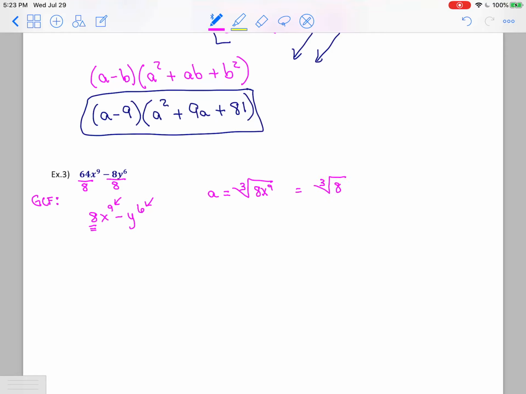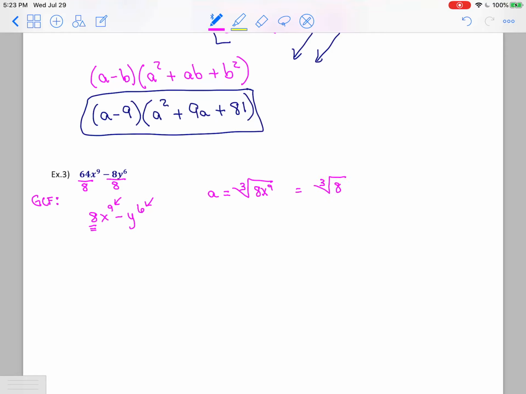Well, cube root of 8, we've talked about several times, is 2. And for the cube root of x to the 9th, there's a little trick you can do here too. If we know it has to be divisible by 3, we can just take this 9 and divide by that. And that is actually going to give us what the exponent is on that cube root.